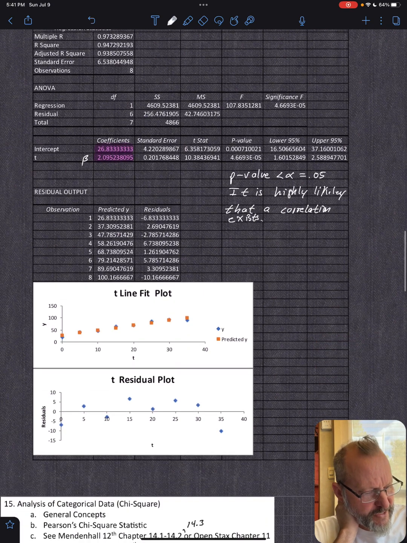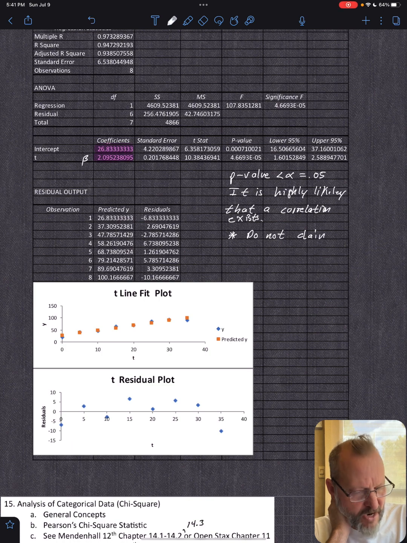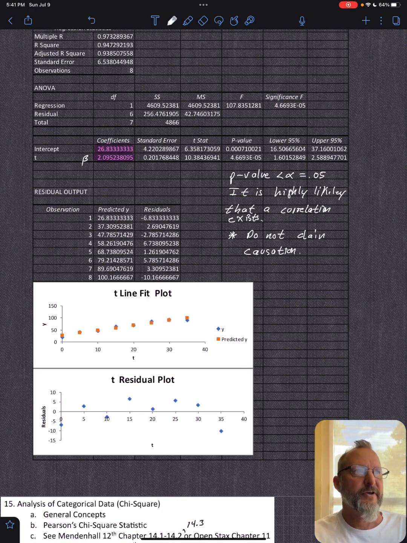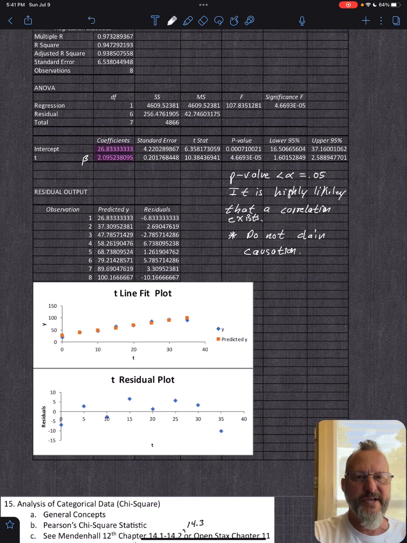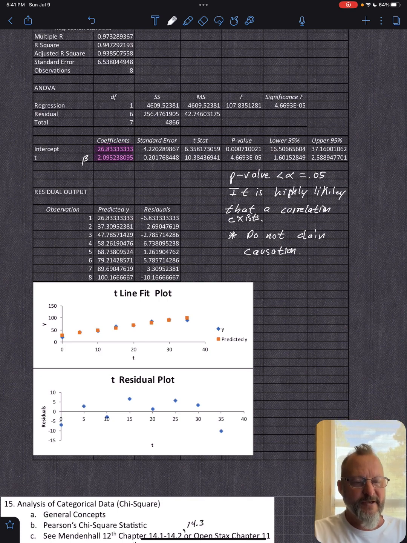Okay, so one thing I want to strongly state is do not claim causation. Now, that is more the scientific method and repeated ways of showing that doing this causes the other thing.